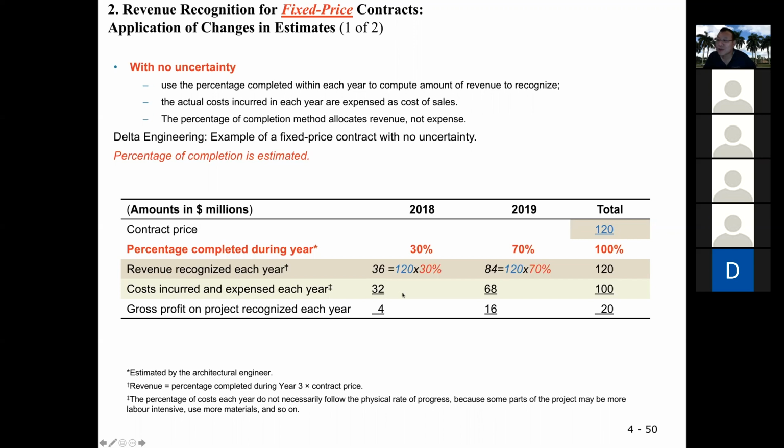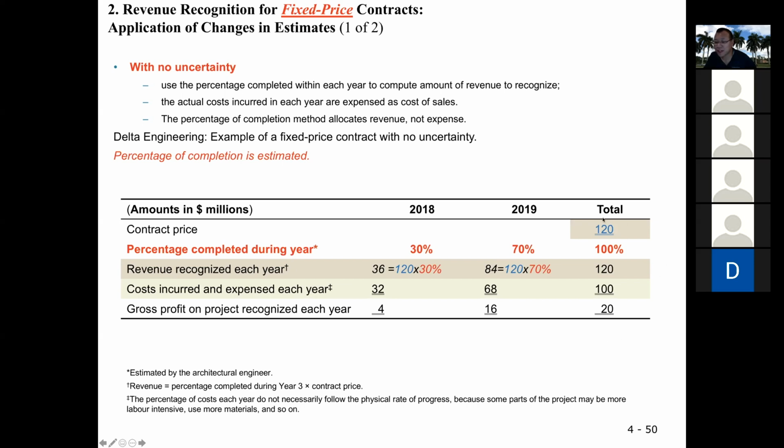Very similar for the second year: 70% of 120, the contract price, is 84. That's the revenue you're going to recognize. And suppose the actual cost is 68. So your gross profit is the difference, 16.